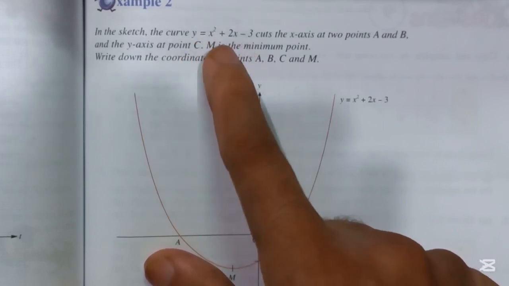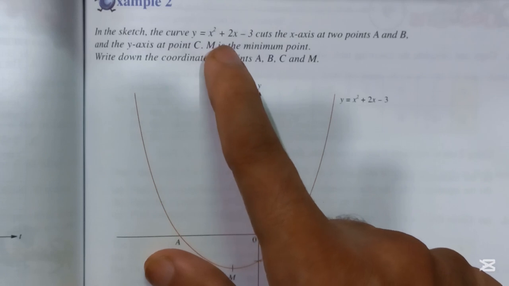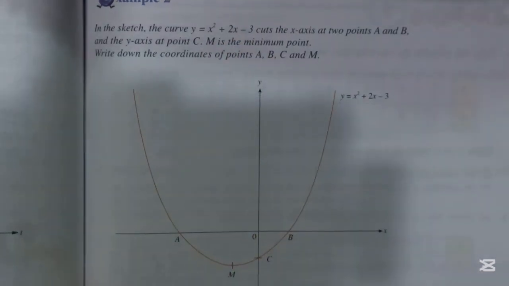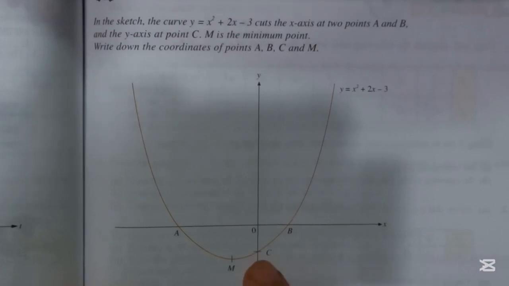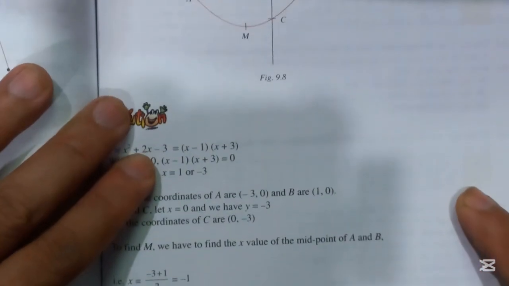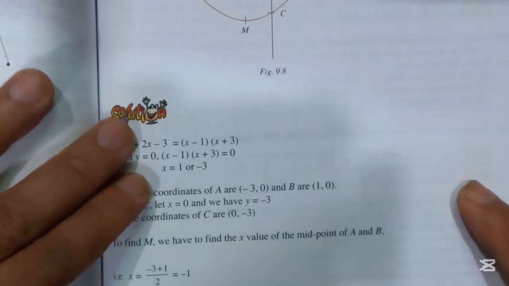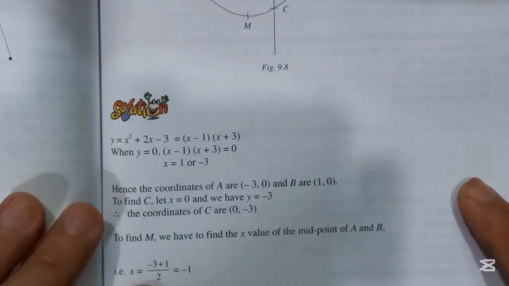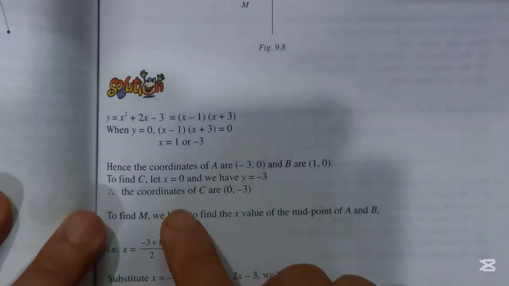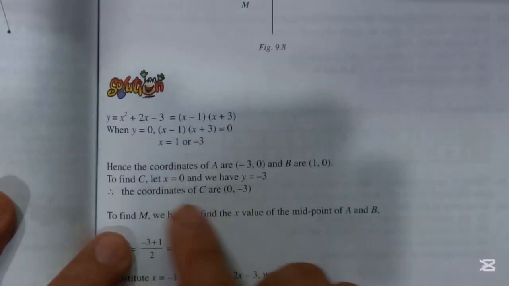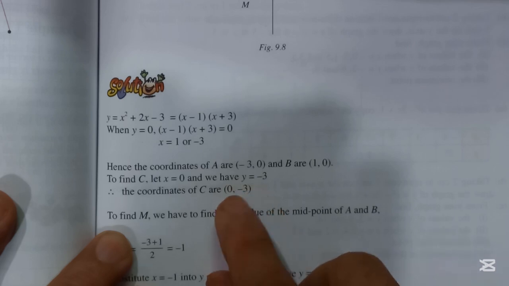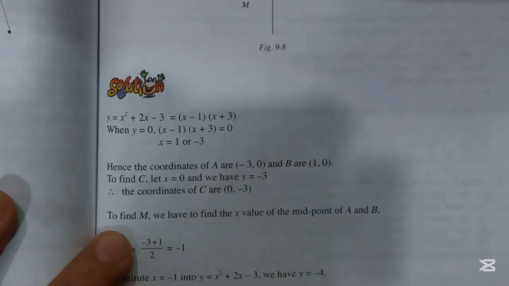We have put the value of x as 0 and the corresponding value is minus 3. So 0, minus 3 will be the point C. And you can see from here, yes, here is the point 0, minus 3. By putting x is equal to 0, y will be minus 3. So 0, minus 3 is the C point.